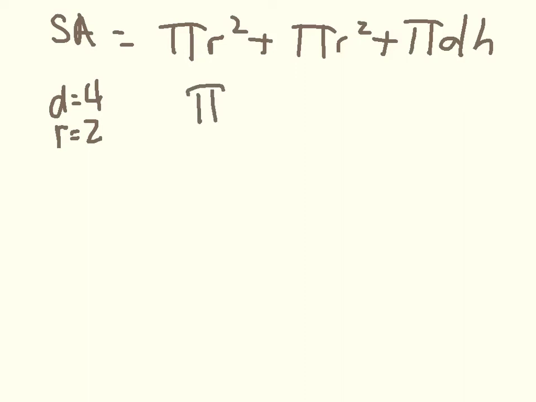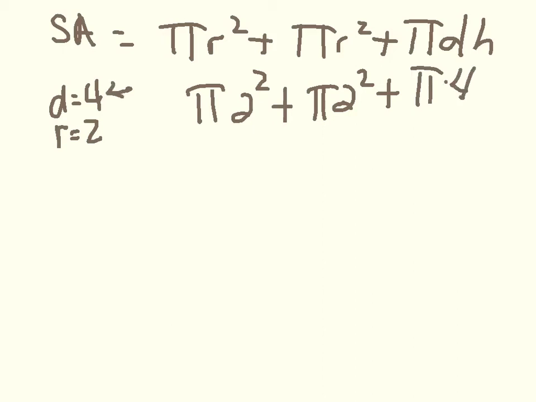I've got pi times 2 squared, that's my radius squared, and pi times 2 squared again, and then pi times my diameter, which is 4, and then my height, remember, was 8.5 inches. I'm going to use 8 and 5 tenths for that. So I've got all of my different parts, and I'm going to add them together.